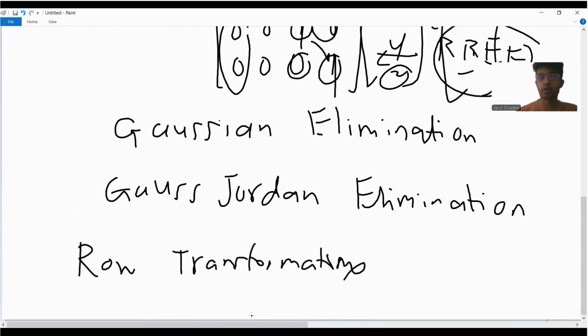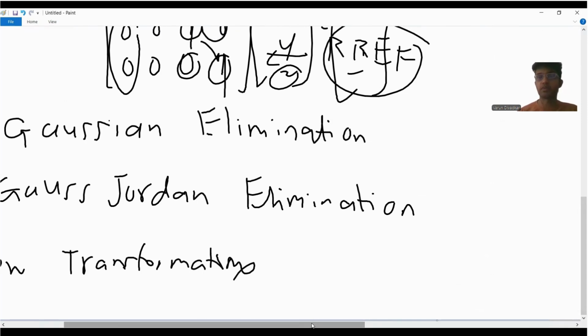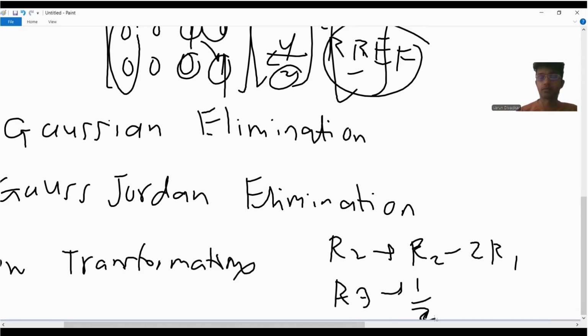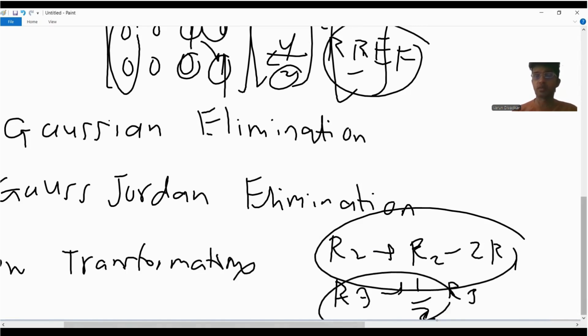Like if you recall from one of my previous videos on matrix transformations, you say row 2 transforms to row 2 minus 2 row 1, or like say row 3 transforms to half of row 3. So these are the transformations which you make on either side of a matrix, right?